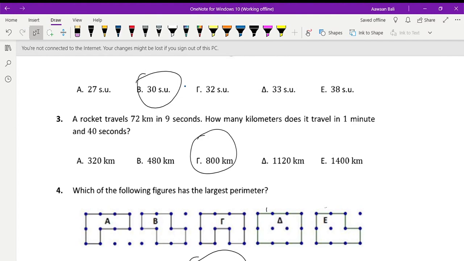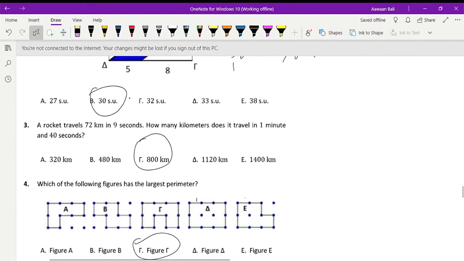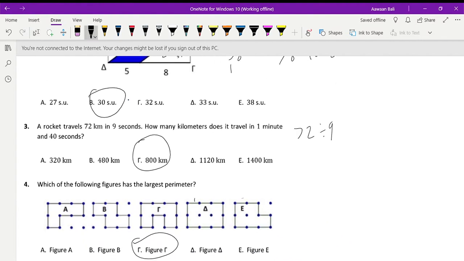Question number 3. A rocket travels 72 kilometers in 9 seconds. How many kilometers does it travel in 1 minute and 40 seconds? So if you do 72 divided by 9, that's 8, which means 1 second, that's 8 kilometers.